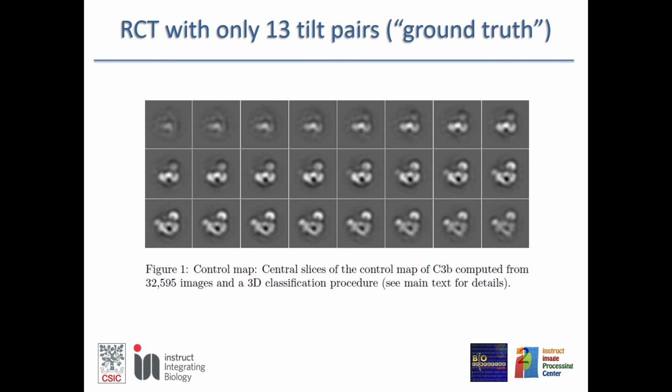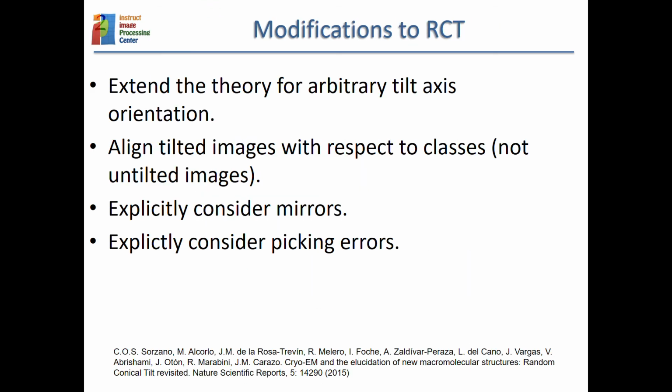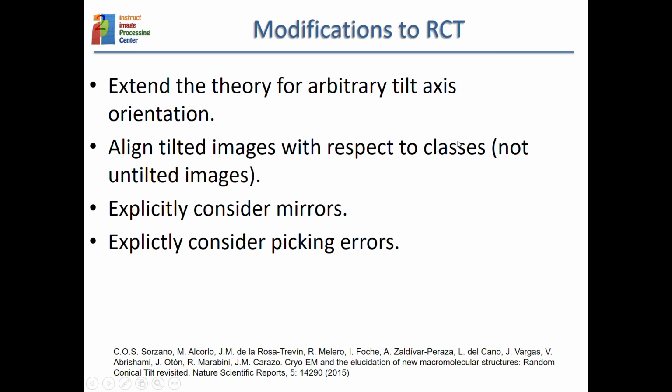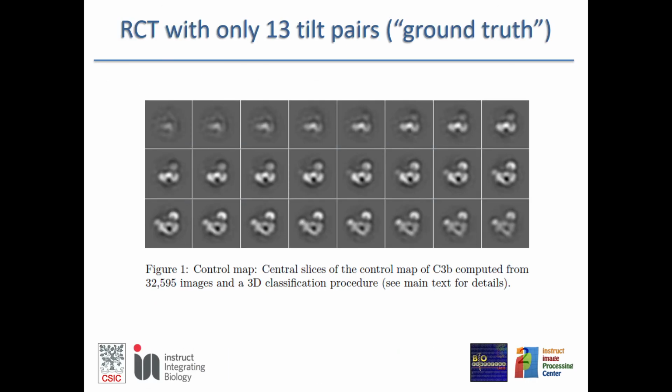So the reconstructed volume will be longer along that direction. But aside from that, if you have correctly oriented these images, apart from the 3D elongation, the reconstruction is pretty good. Here you have an example of a random conical tilt with only 13 tilt pairs, so only 13 images. We will see the quality of the reconstruction.